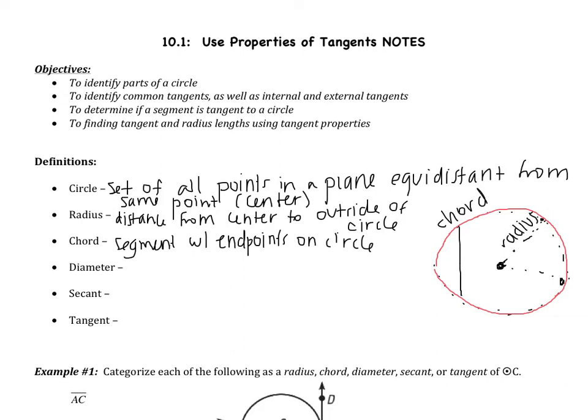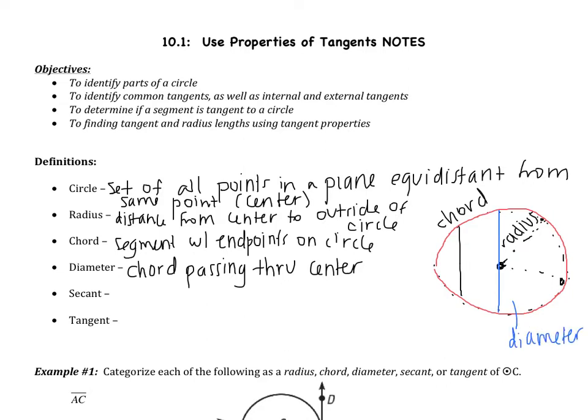A diameter is a chord passing through the center. Okay, so chord meaning that it's a segment with endpoints on the circle. So it's going to start and end on the circle, but it also is going to pass through the center. So here is a diameter. Okay, all of those you should really have known before.